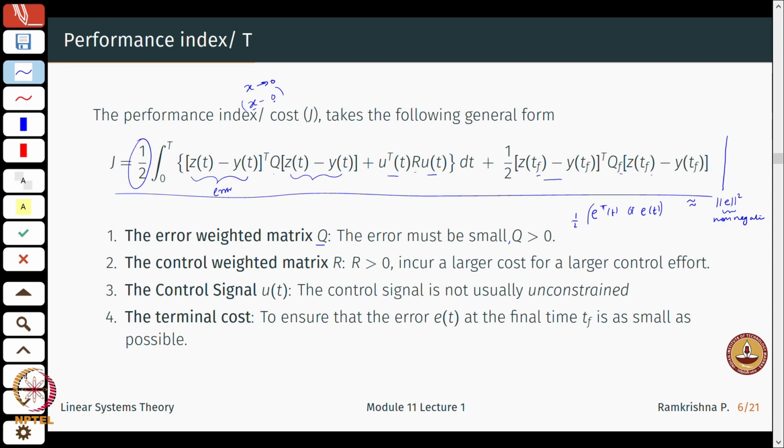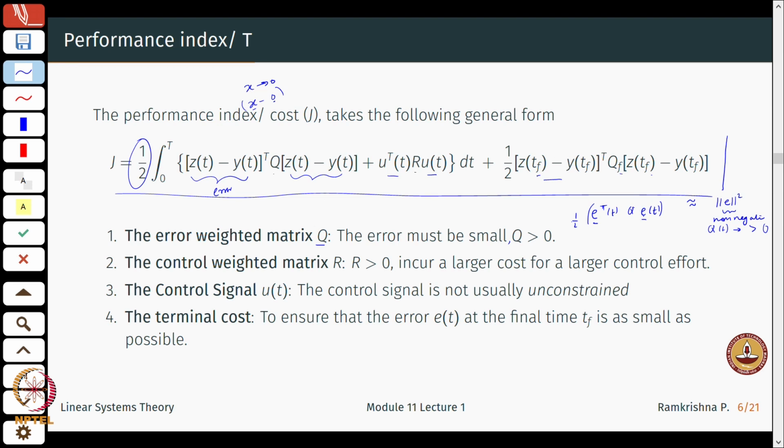So this quantity is always non-negative, and therefore the nature of Q, which sometimes could also depend on t, is such that it is positive definite. Okay. So what do we have to pay attention to? We may have to pay attention to large errors, and they are not usually permissible.